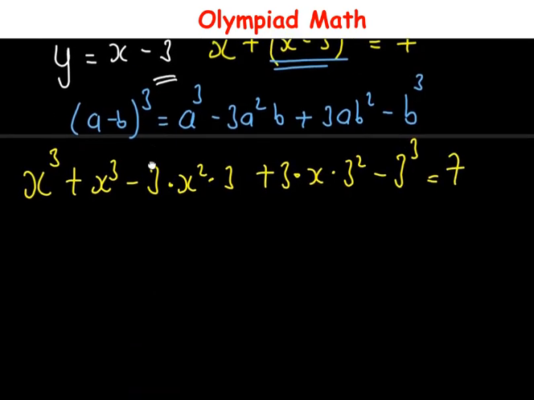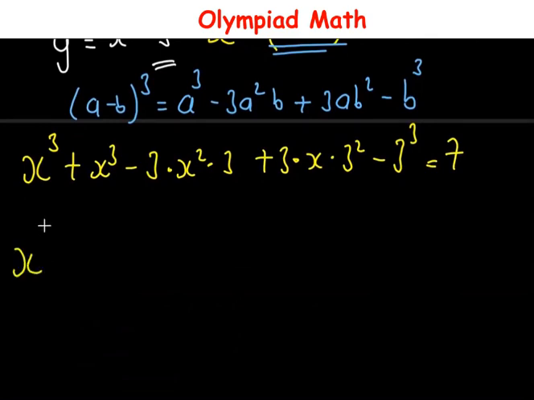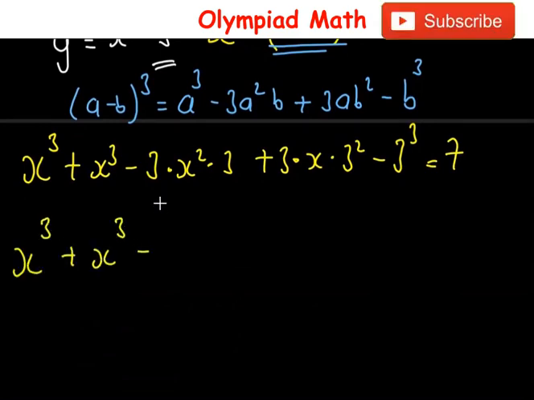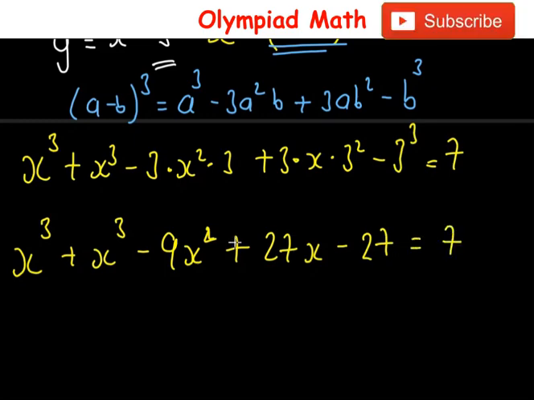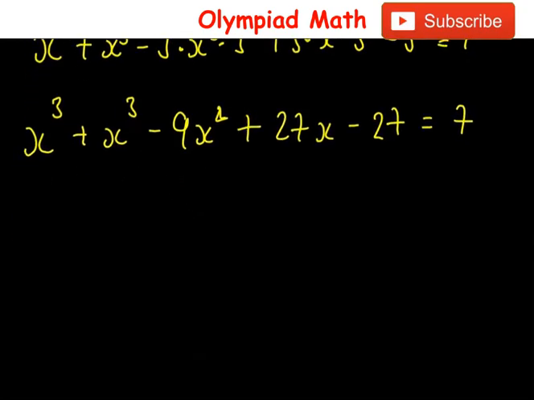So from here we have x raised to power 3 plus x raised to power 3, then minus 3 times 3 is 9, 9x squared, plus 3 times 3 squared is 9, 9 times 3 is 27x, then minus 3 cubed is 27, and this equals 7. The next thing we do is to move 7 over to this side.